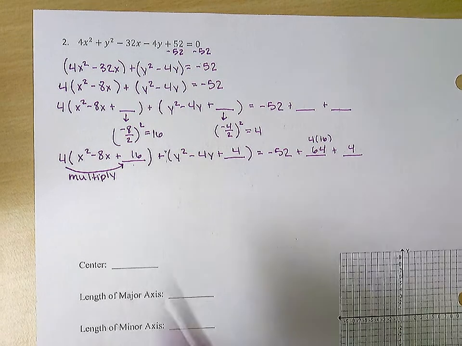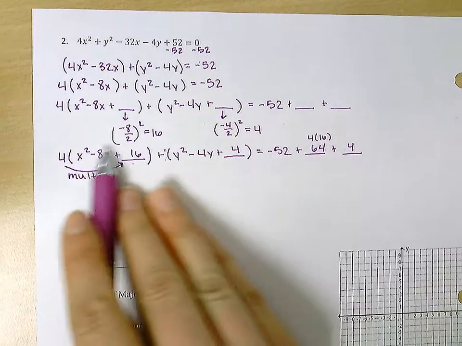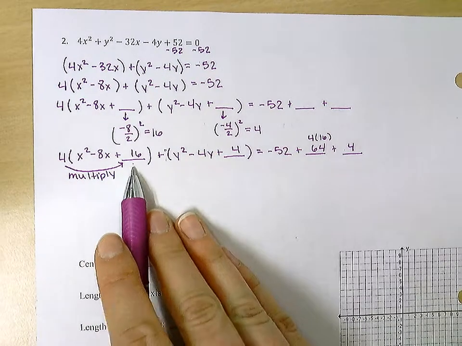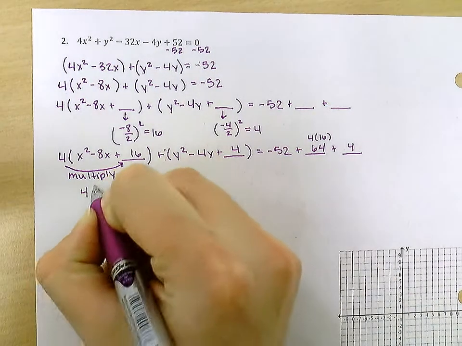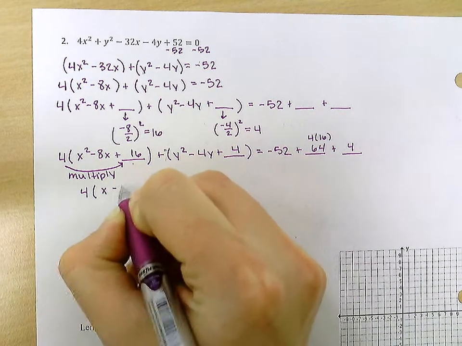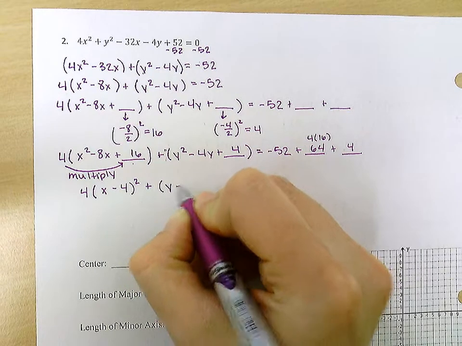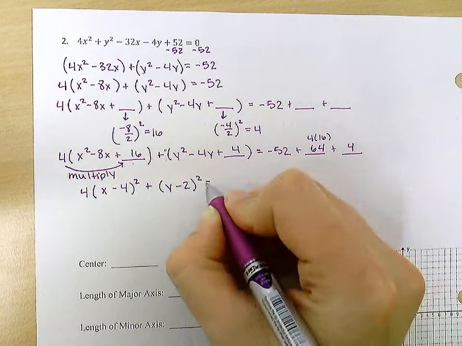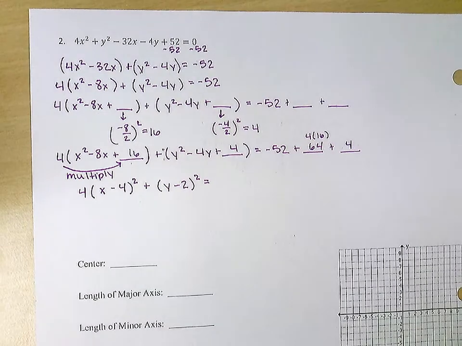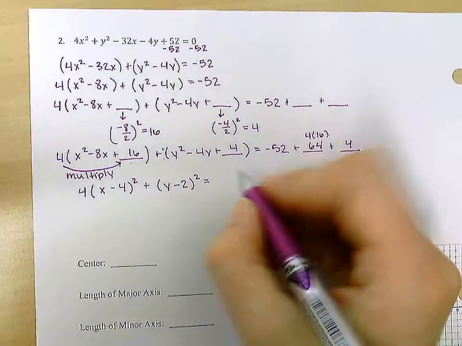Okay, then from here I just need to finish completing the square, so I need to factor that quantity. So we have 4 times the quantity x minus 4 squared plus y minus 2 squared, and that will be equal to 16.